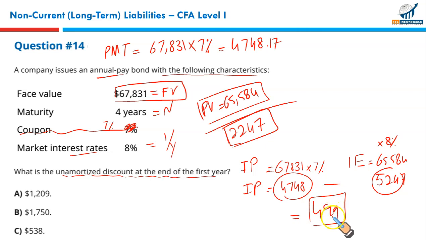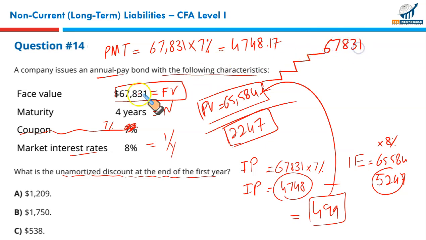It means this 499 will be added right here to 65584. Next year, the amount will be added again to whatever the balance comes. This way, the present value will keep going up, and by the time the bond matures, the book value will be exactly equal to the face value.